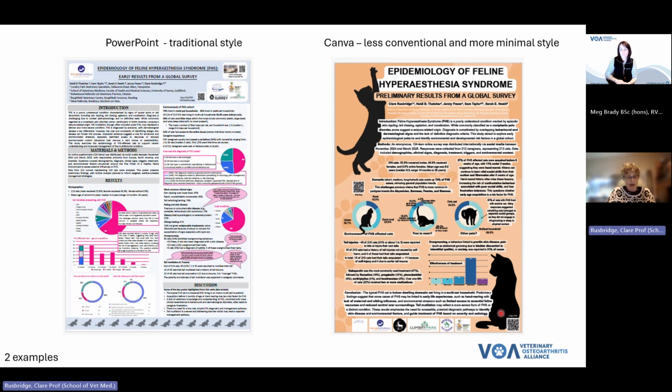The other thing I recommend you think about is that your ResearchGate poster can then be linked in your practice's social media posts, and it can say, we were very proud of Claire. She presented at the VOA conference, and she presented her poster on this.